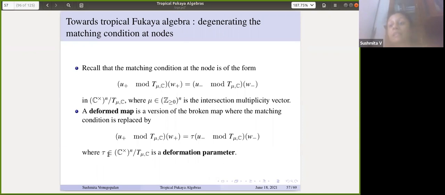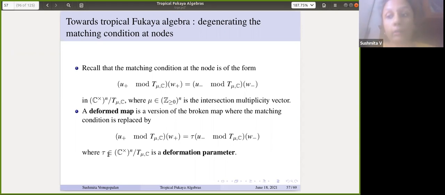And actually this is the same as the Morse condition. We can also think of this as a Morse deformation because this tau, if we were to do a Morse flow of the correct moment map, is the same as flowing by the gradient flow of the Morse function. So we are doing roughly the same thing as what we did before, except that we are using the toric structure much more here.